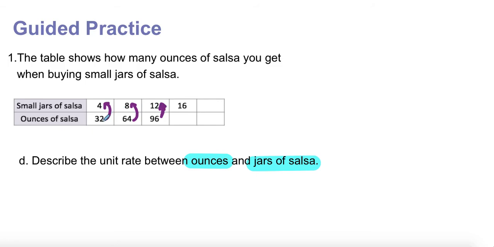So here 32 divided by 8 is 4, 64 divided by 8 is 8, and 96 divided by 8 is 12. So here I'm going to divide by 8.